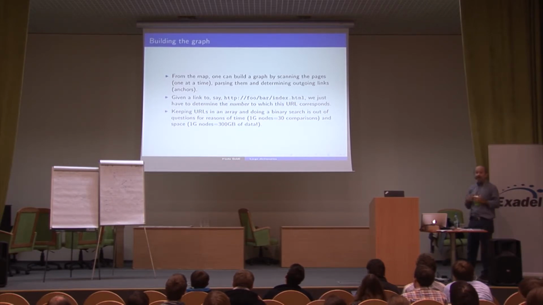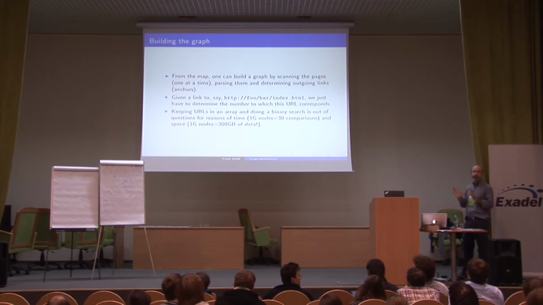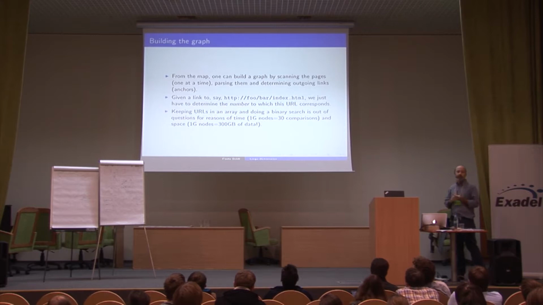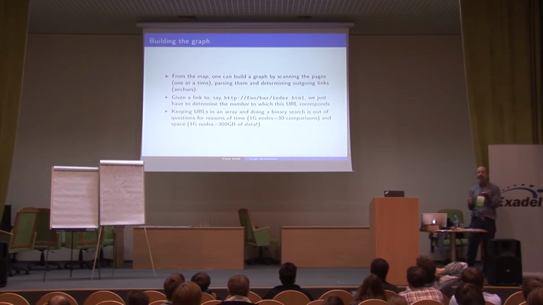But 300 gigabytes of memory, well, of course, if you have a large enough machine, you can have 300 gigabytes of RAM, but it's not going to be cheap. And even the binary search will take about 30 comparisons. So the time is not going to be negligible, because every time you look for a string, you will have to do 30 string comparisons.